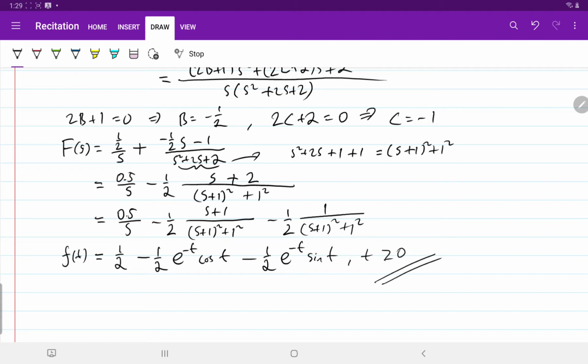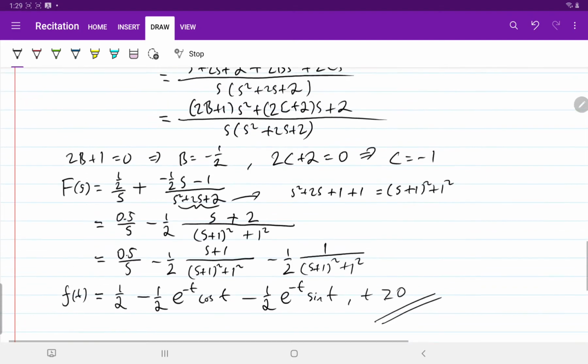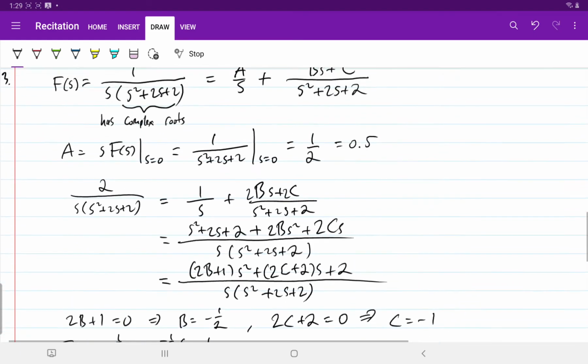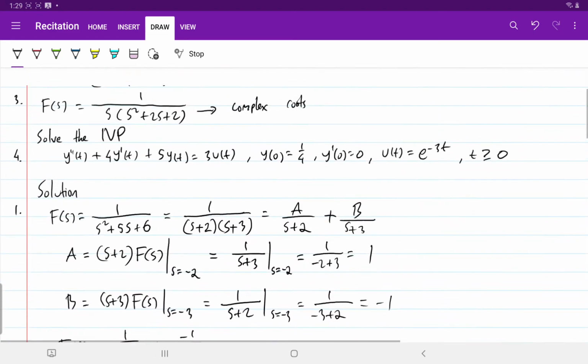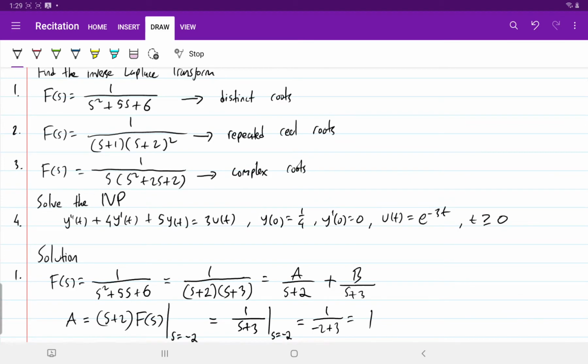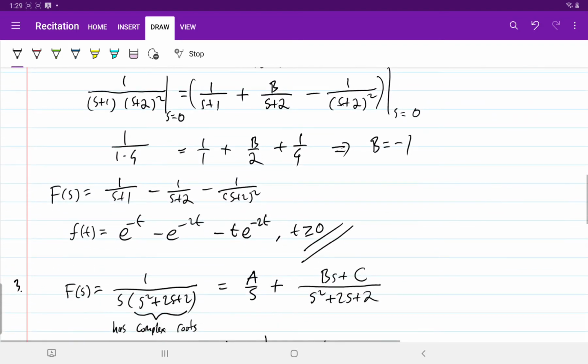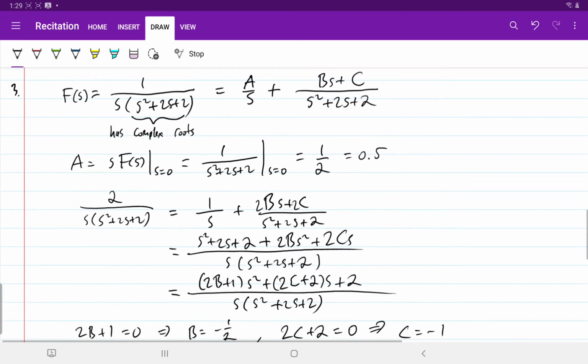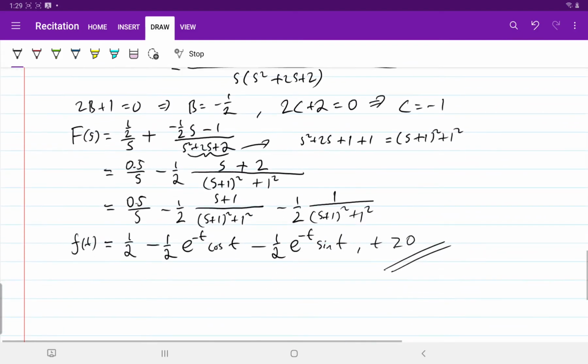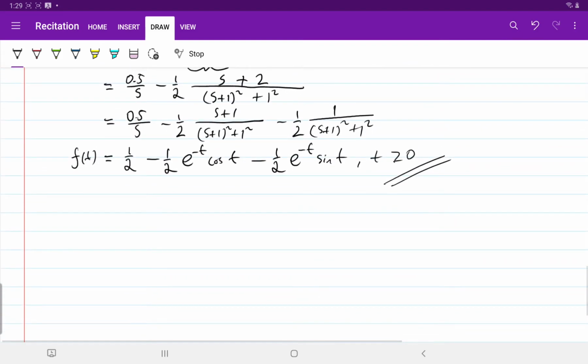Okay, so this is the solution for problem number 3. The last problem is an initial value problem. So we need to solve the linear ordinary differential equation using Laplace transform. Let's write the problem once again.